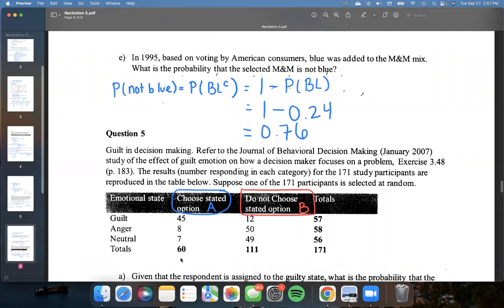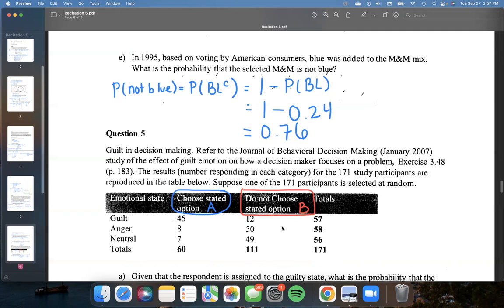And so here we have guilt, anger, neutral, and then our columns are choose stated option, do not choose stated option. And then our last column and last row are just our totals. So yeah, the numbers added up. And you'll notice that our overall total is 171 participants in this lower right-hand corner.